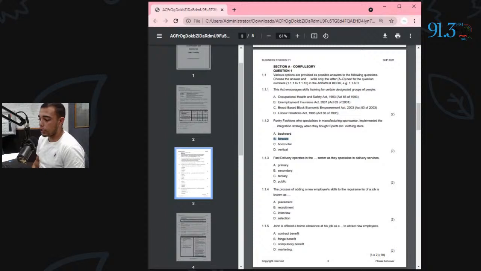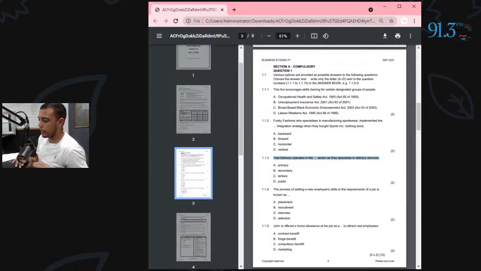1.1.3, fast delivery in the what sector, as they specialize in delivery services. We know that the primary sector has to do with our raw materials. The secondary sector has to do with manufacturing, and the tertiary sector has to do with services rendered. So as you can see, this one is simple.